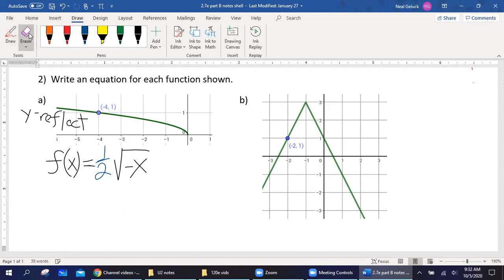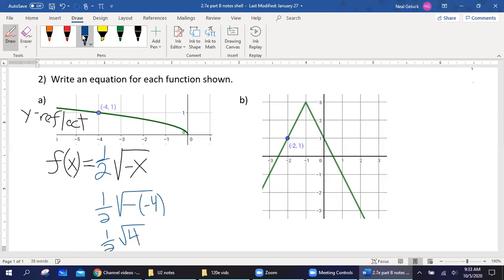If I test, and this is why, again, I give you this point, if I plug in -4 into this function, I'd have 1/2 times the square root of 4. Square root of 4 is 2 times 1/2 is 1. I did get the y coordinate I was supposed to get, so that must be my function.